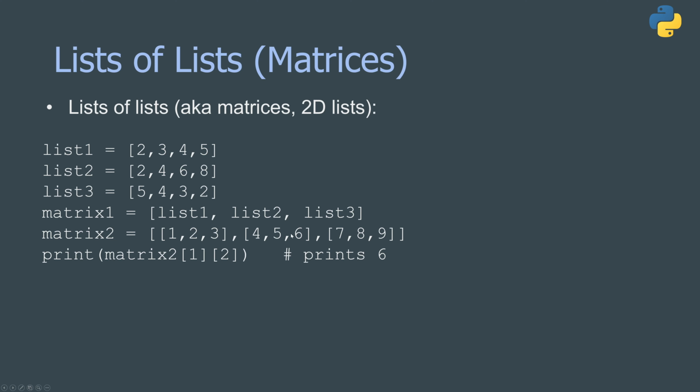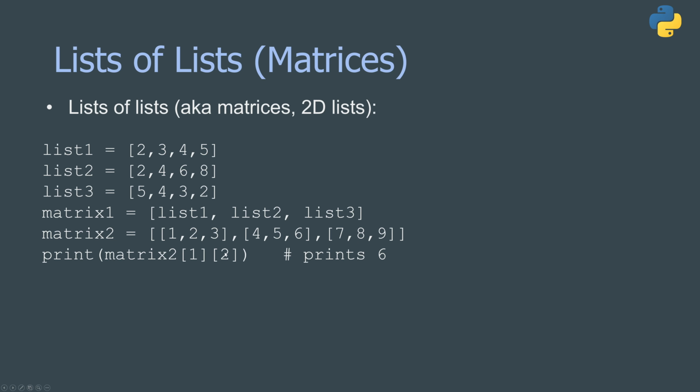That's this value right here. Okay, so we can arbitrarily get any value inside our list of lists. So for example, imagine I want to get this 7. Okay, so to get the 7, what I would say is matrix 2 square bracket 2, because of the lists, this is list 0, this is list 1, this is list 2, and the 7's in list 2. So I say matrix 2 square bracket 2, and then 7 within that list, 7 is at index 0.